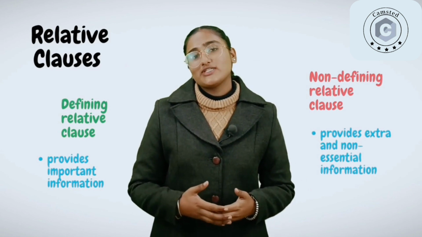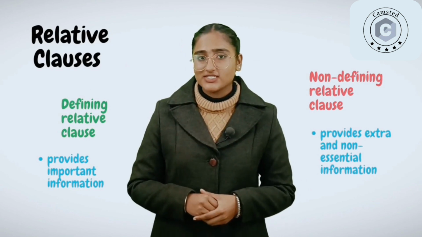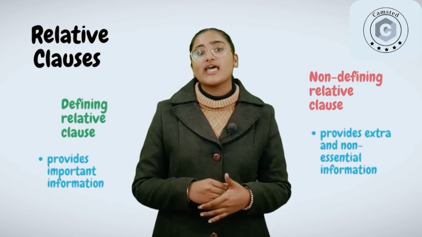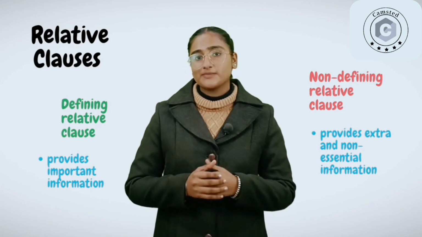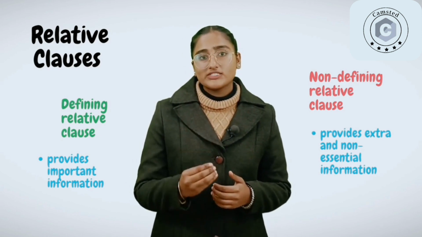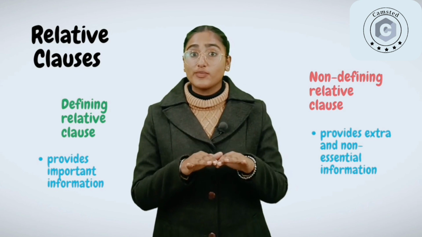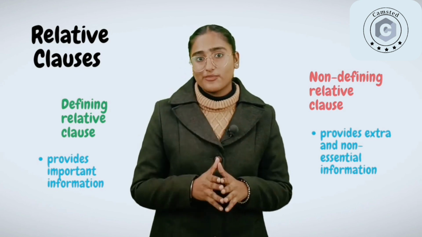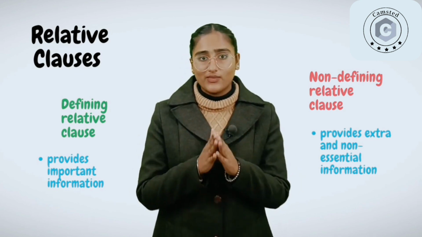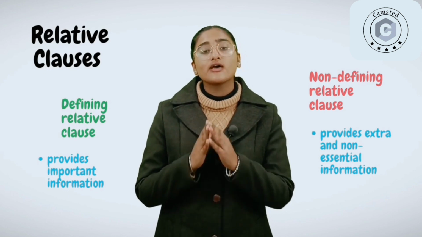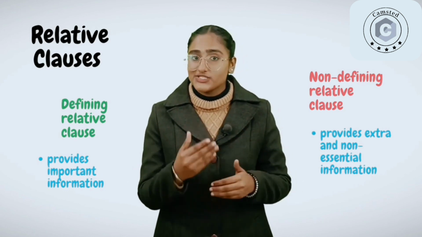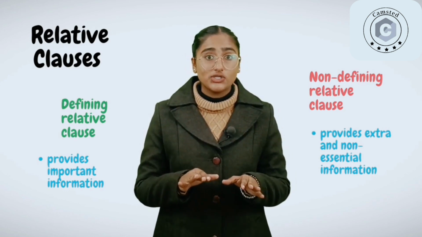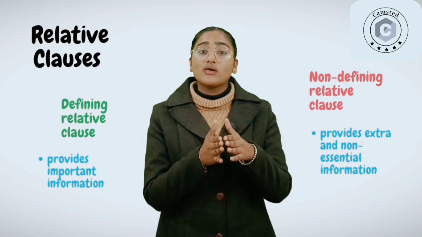Before moving further, we'll discuss two types of relative clauses: the defining relative clause and the non-defining relative clause. The defining relative clause provides the important information after the noun, and the non-defining relative clause provides extra and non-essential information about something.